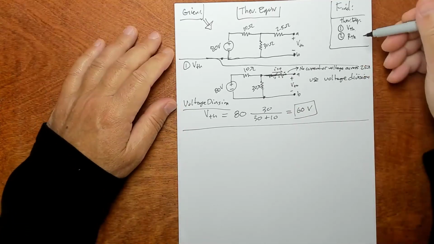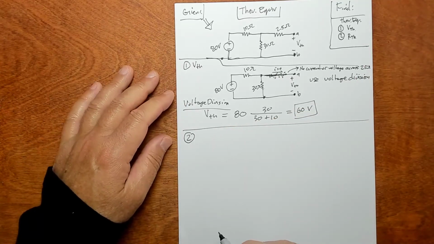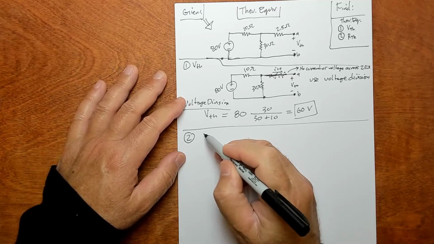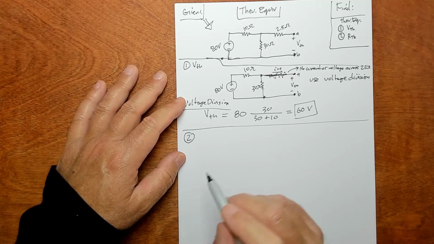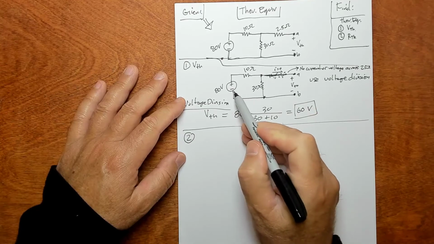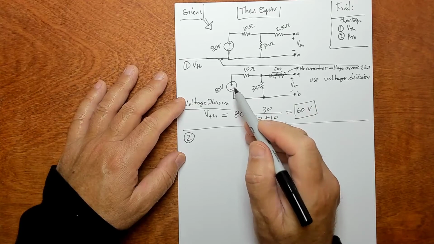Now you kind of start over with R sub Thevenin, all right? So R sub Thevenin is another problem. And here we have a variety of methods we could use. We don't have any dependent sources. That is, we don't have any diamonds. We only have circles.